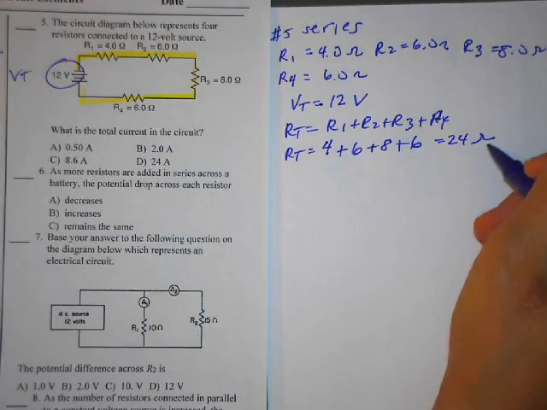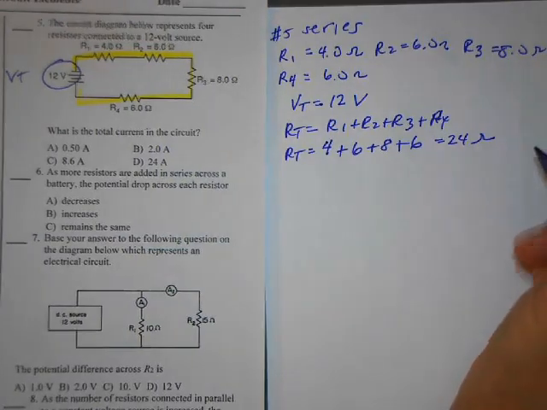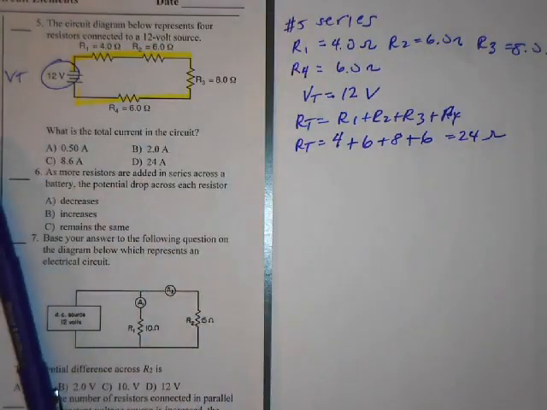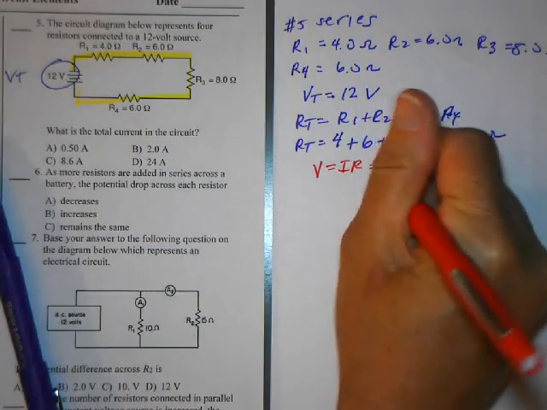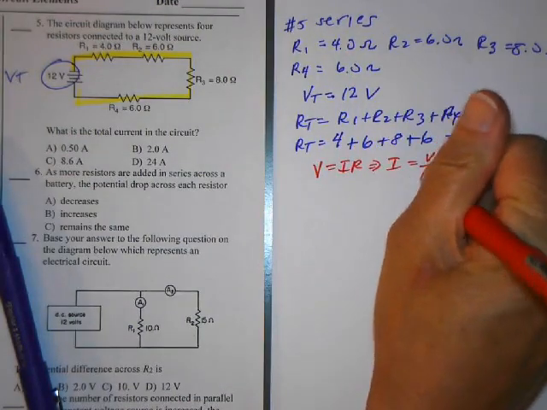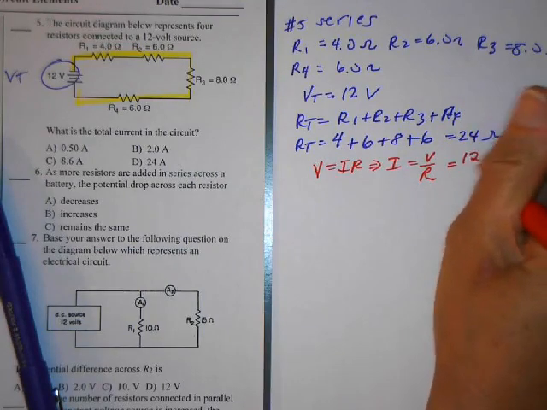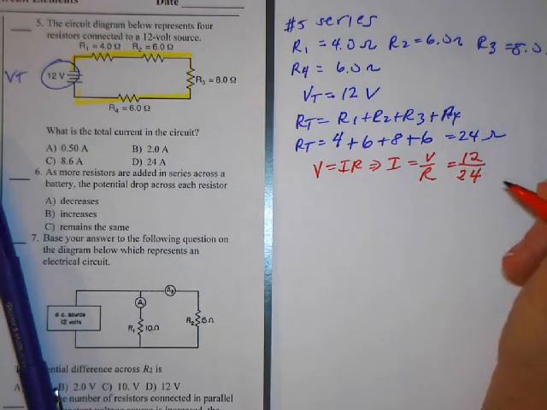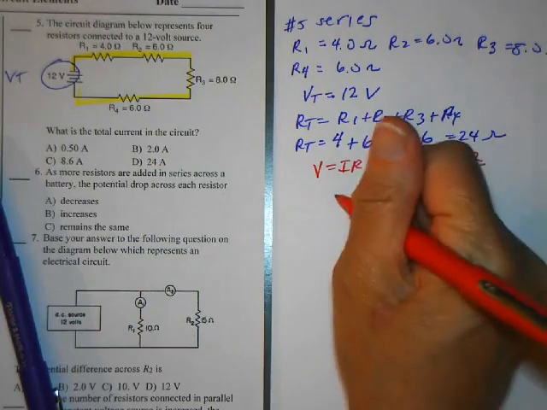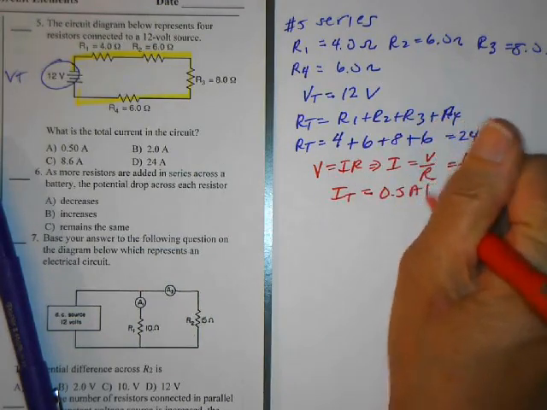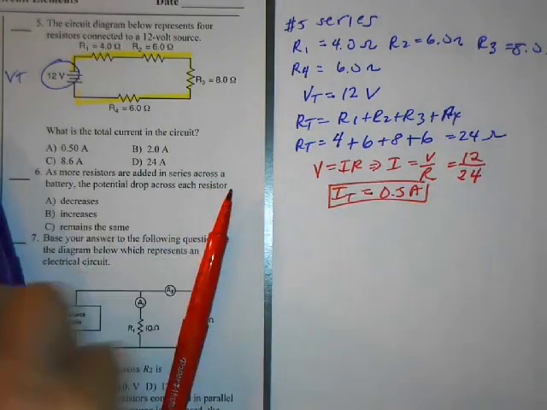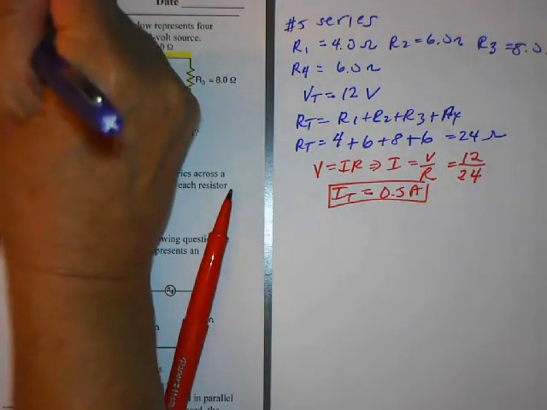So now I'm going to use Ohm's law. Ohm's law is V is equal to IR. So I is V over R. So 12 divided by 24, I can do in my head. So the total current is going to be 0.5 amps. And that is going to be A.